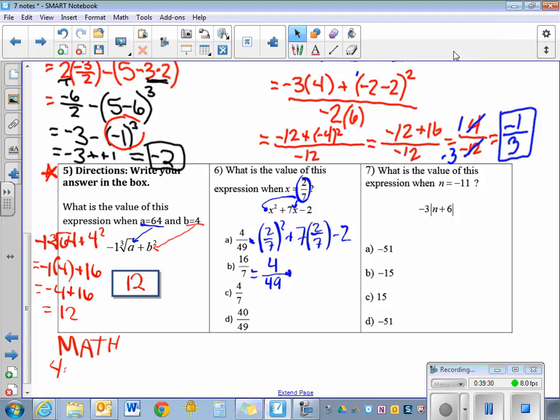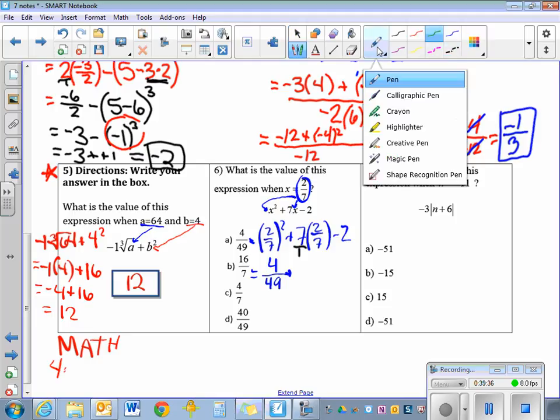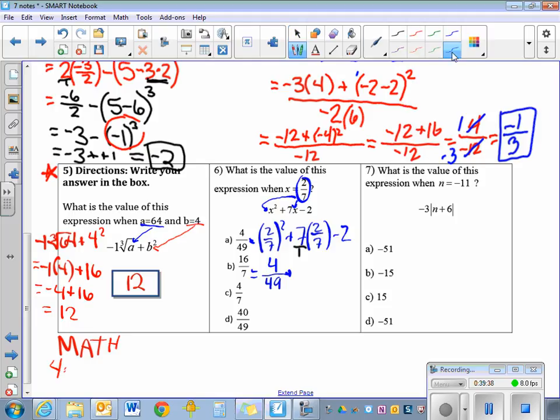And then again, for fractions, we just multiply straight across. So 7 times 2 is 14. 1 times 7 is 7. And then we have minus 2 on the end. 4 over 49, can't really reduce that at all. There's no common factors. So 4 49ths.